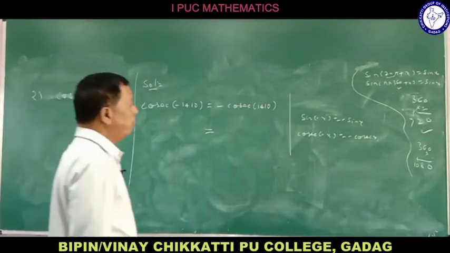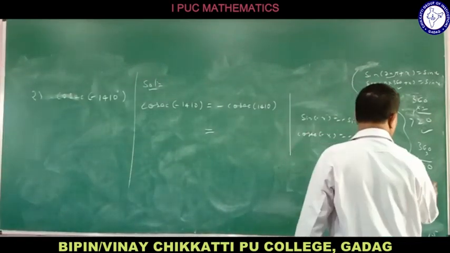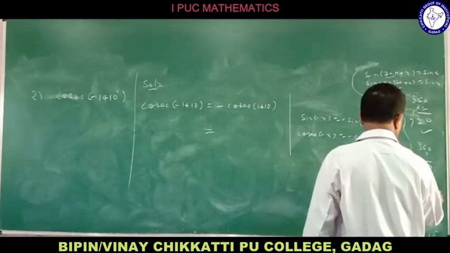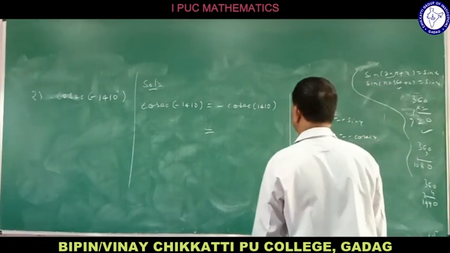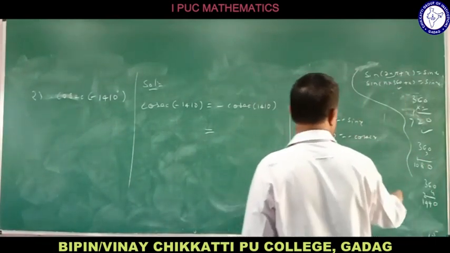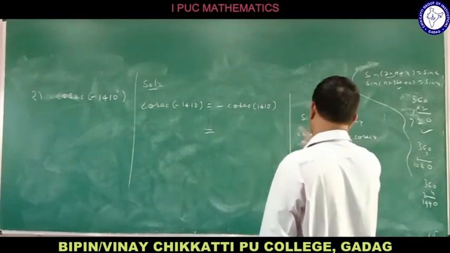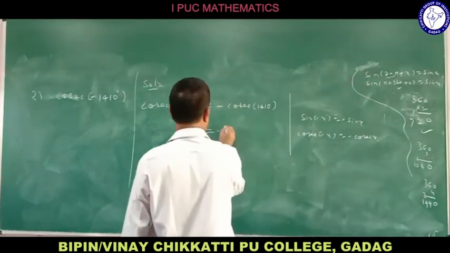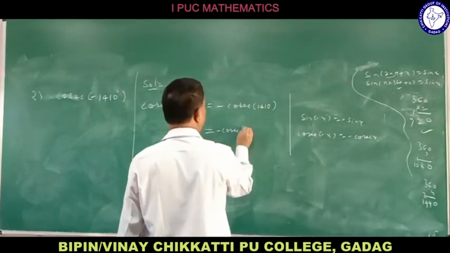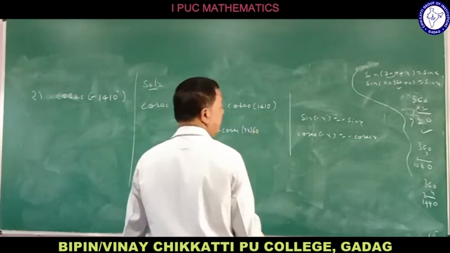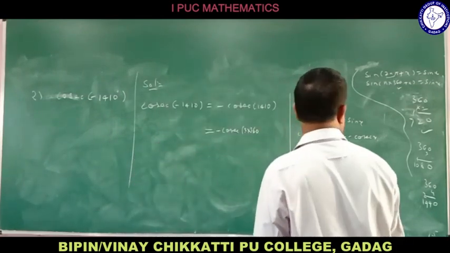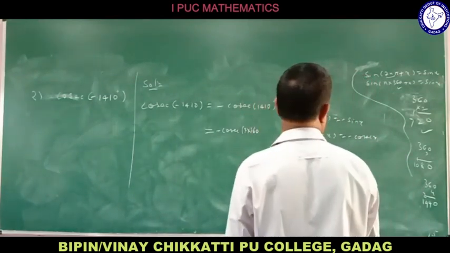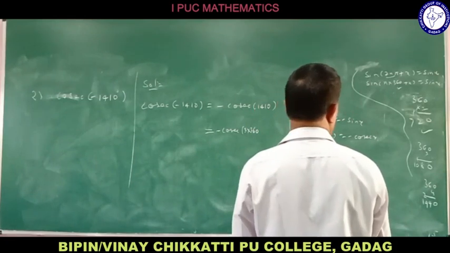Now see 1410. Here 360 into 4 is 1440. Which is the nearest? I am taking the lesser one, not the greater. Keep minus as it is, cosec of 3 into 360. 3 into 360 is 1080.